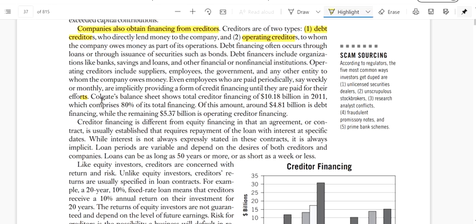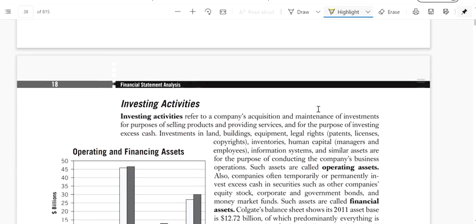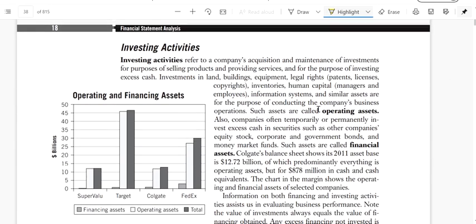Okay, sampai sini you boleh baca. So ini creditors financing different from equity financing. Okay, baca juga situ je.